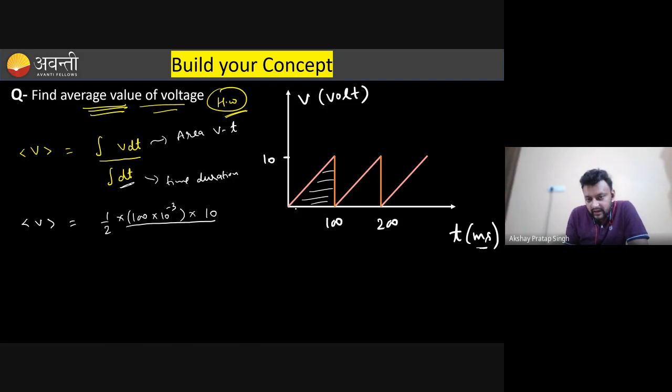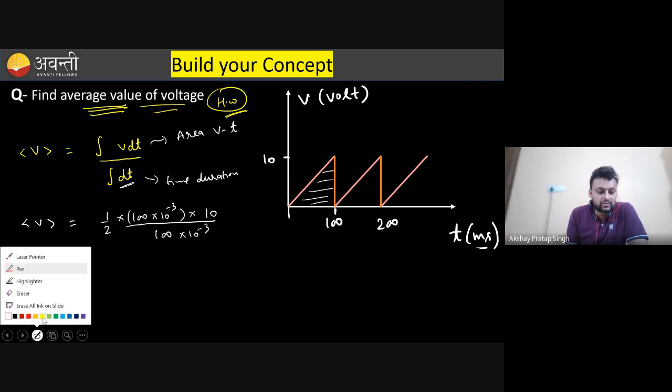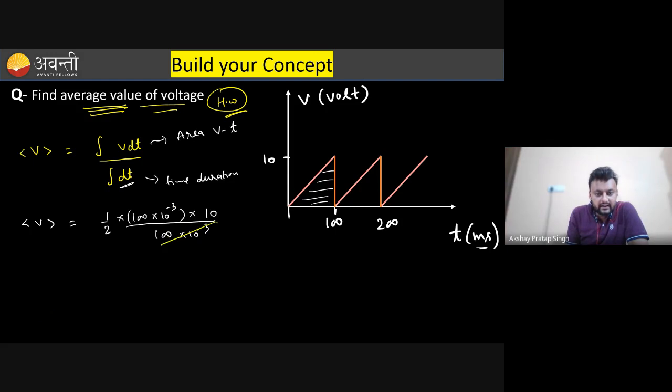Time duration is again 100 millisecond, that is 100 into 10 raised to the power minus 3. This 100 and 100, and 10 to the power minus 3, can be cancelled. So it will be 5 volt. So the average value of voltage is 5 volt.